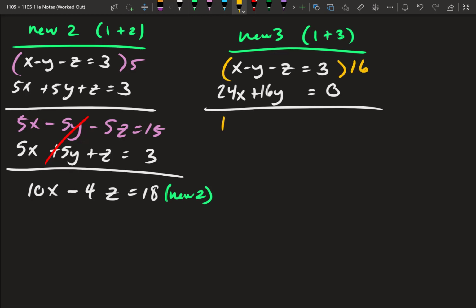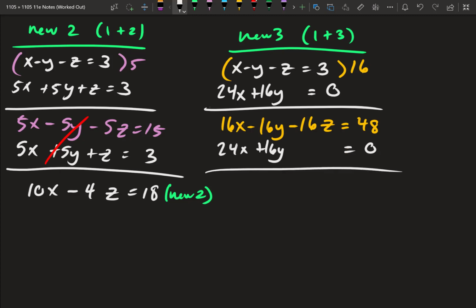We have 16x minus 16y minus 16z equals 16 times 3, which is 48. And on the bottom, we have 24x plus 16y equals 0. So we add them all up. We have 16x plus 24x is 40x minus 16z equals 48. That's our new 3.